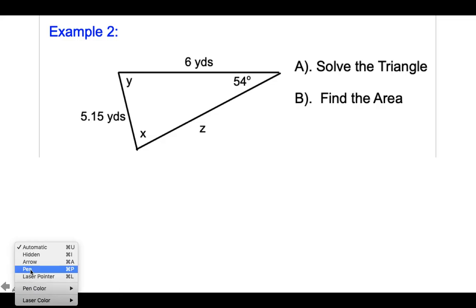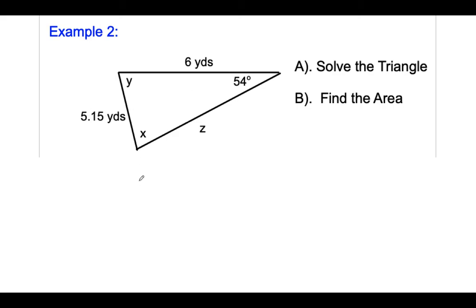Again, here we don't have two angle measures. We only have one, so we can't find our third angle right away. What we can do is use the law of sines though. Now again, you want to start with an angle and a side that are corresponding to each other that you already have, and so that would be 5.15 and 54.